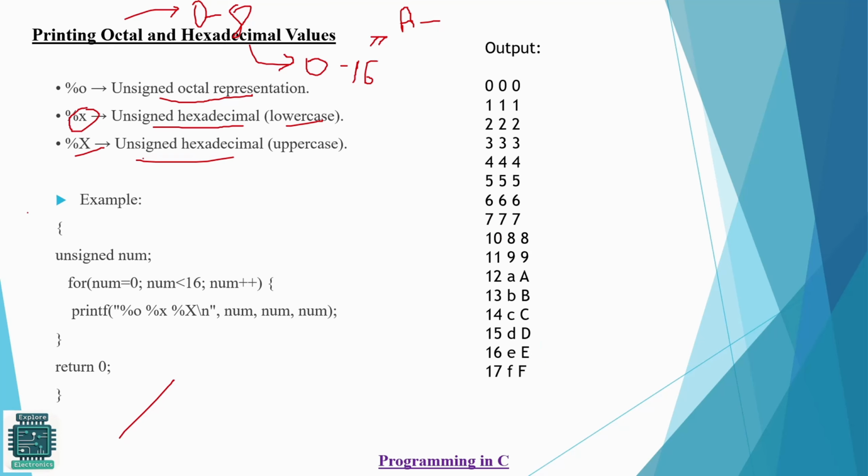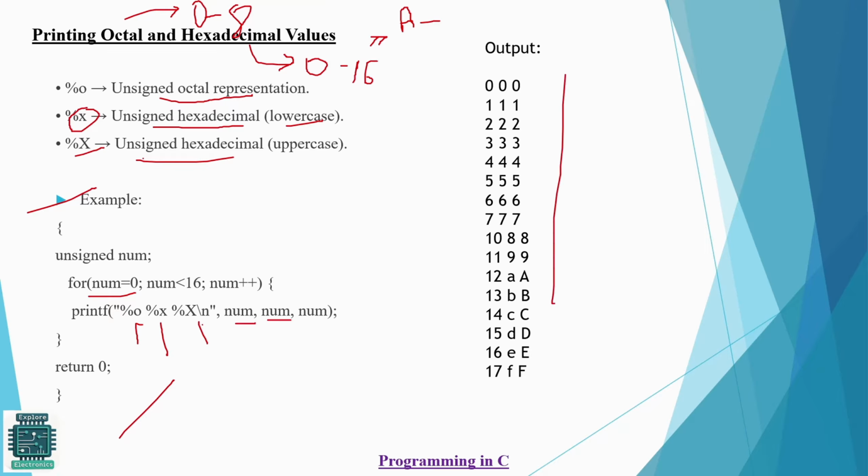And here is an example code. We have used a for loop and printf. Here it is octal, unsigned hexadecimal, and unsigned hexadecimal in uppercase. And here we have to print numbers. Then at last return 0. Here you can see the output till 777, and so on.